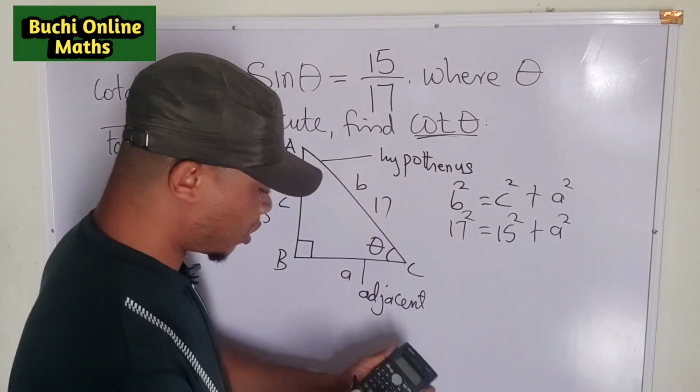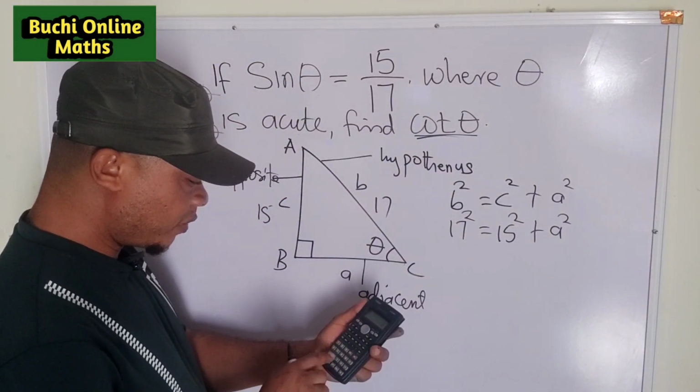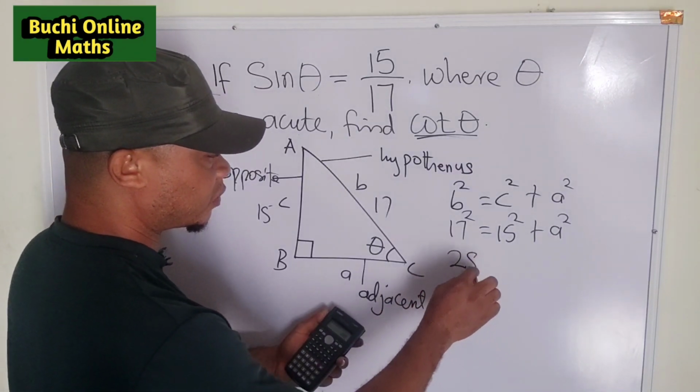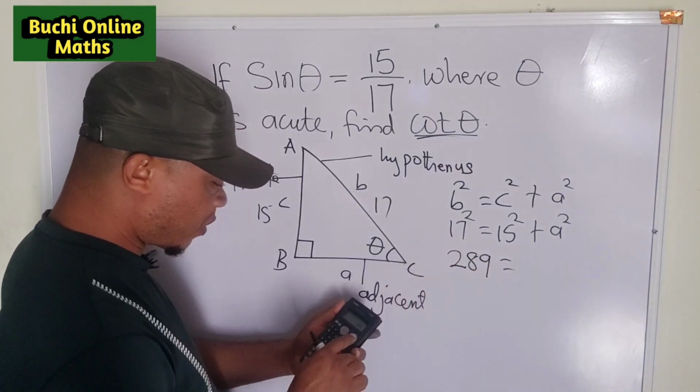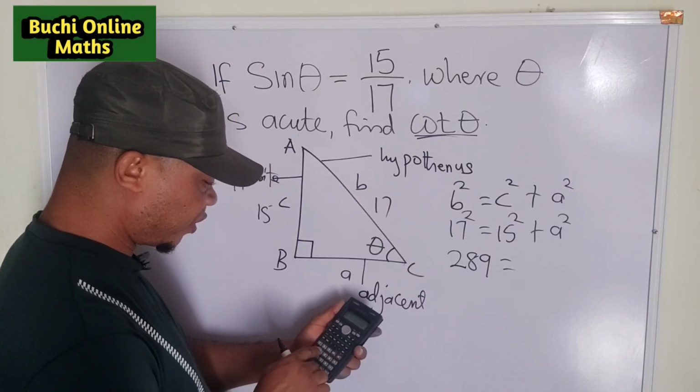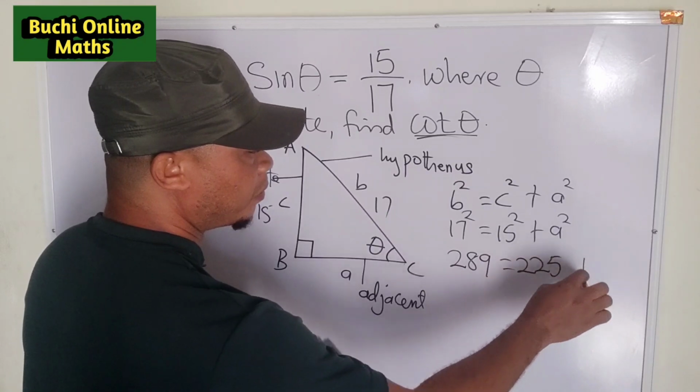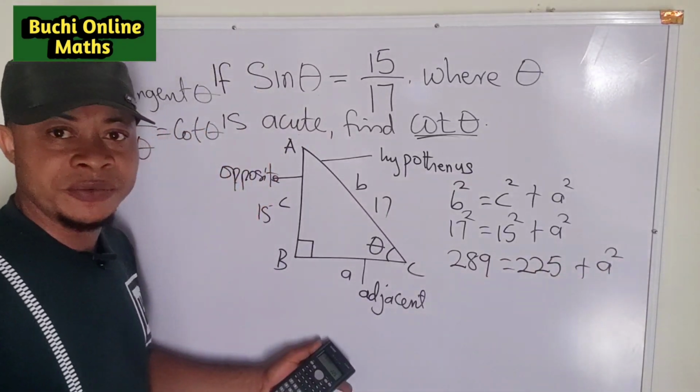So let's use our calculator quickly. 17 squared means 17 times 17, which will give us 289, while 15 squared means 15 times 15, which will give us 225, then plus a squared. We are looking for a.